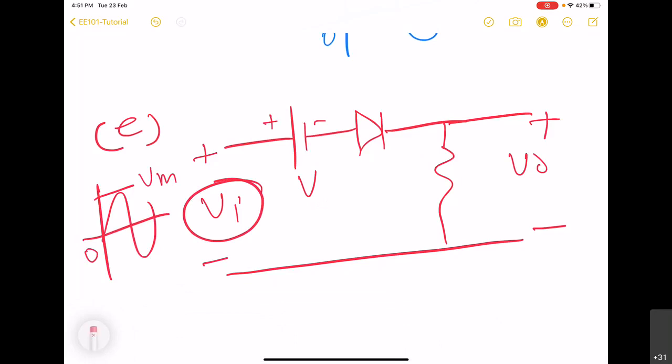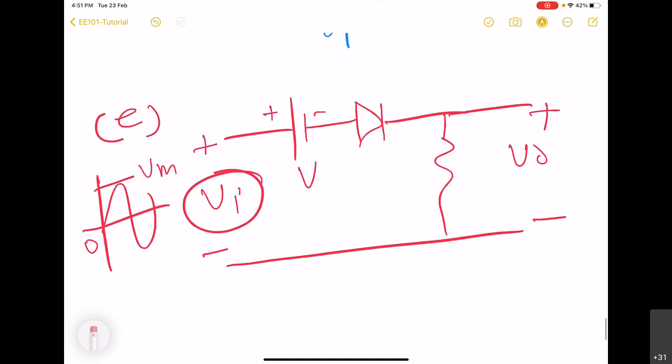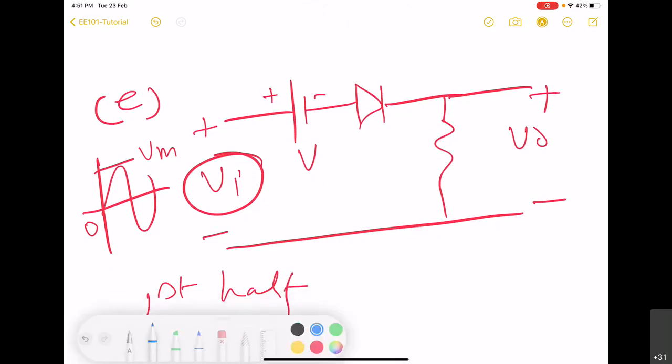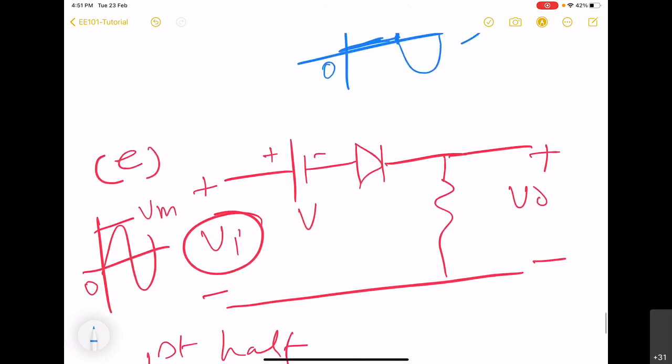Okay, so we have to find out when the diode is going to be on. So let us see the scenario during the first half. During the first half, we have voltage due to this voltage source. This will always be in this direction of strength V, right?